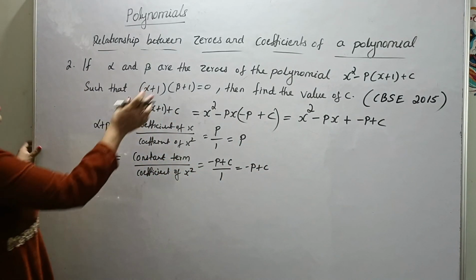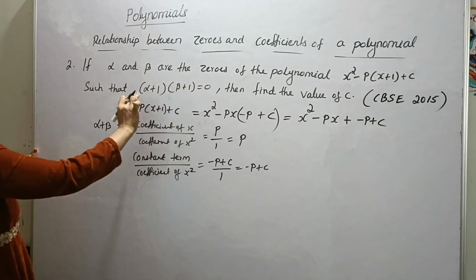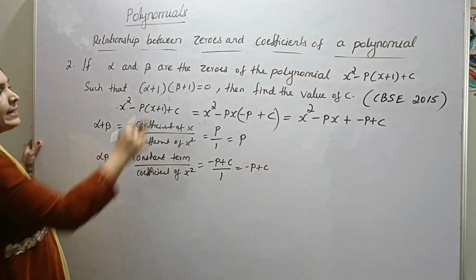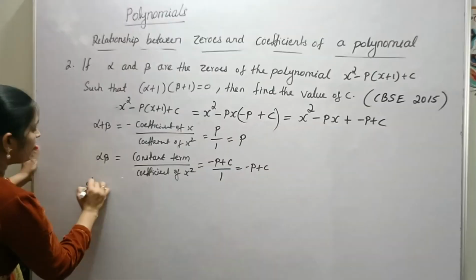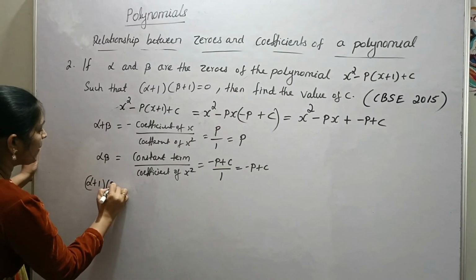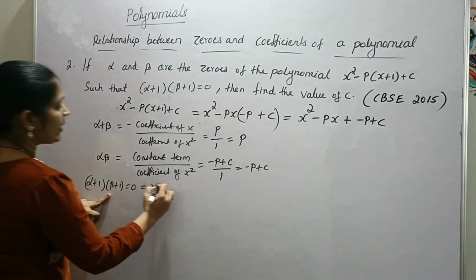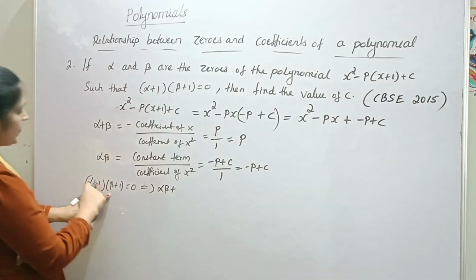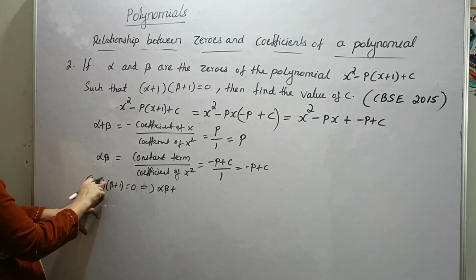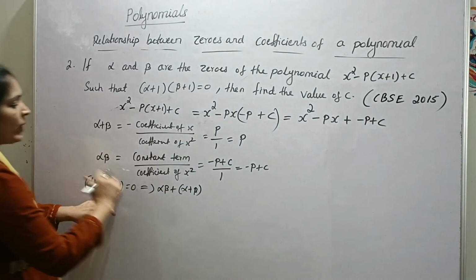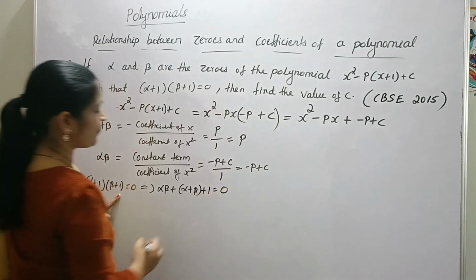Now one more thing, it is given alpha plus 1 into beta plus 1 is equal to 0. Let's simplify this equation. Alpha plus 1 into beta plus 1 is equal to 0. That implies alpha into beta plus alpha into 1 plus beta into 1, that is alpha plus beta, plus 1 into 1 is equal to 0.